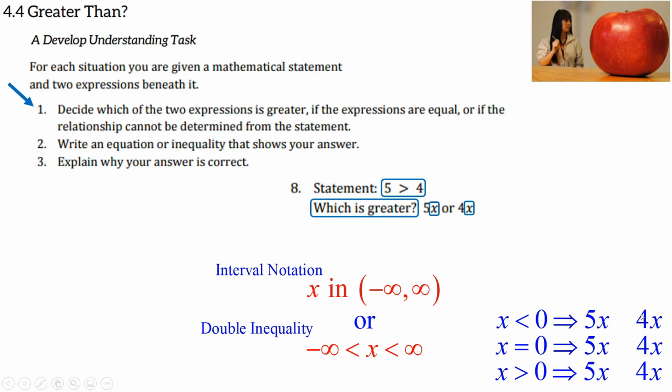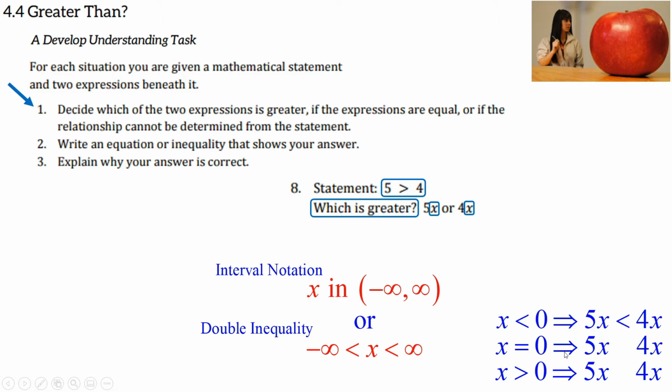Now let's find out what happens to our two expressions. If x is negative, let's just pick a negative number like negative 1. 5 times negative 1 is negative 5. 4 times negative 1 is negative 4. Negative 5 is less than negative 4.